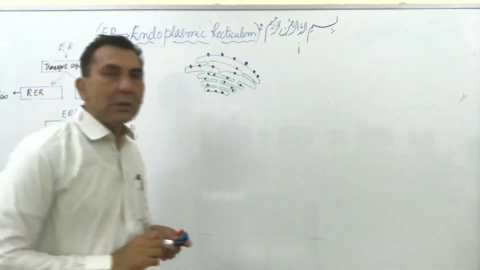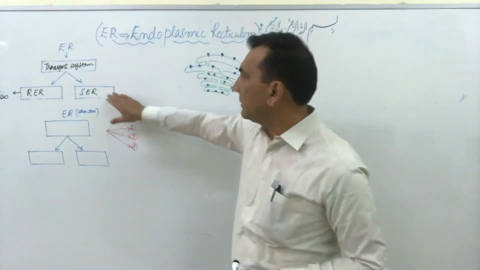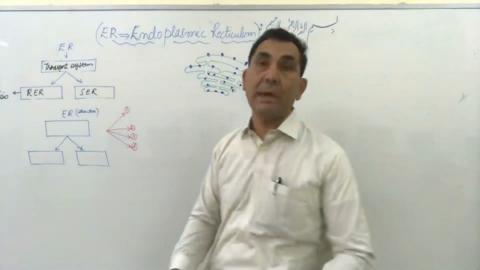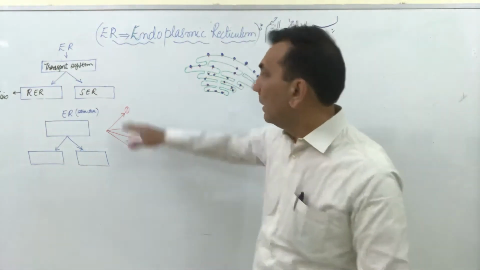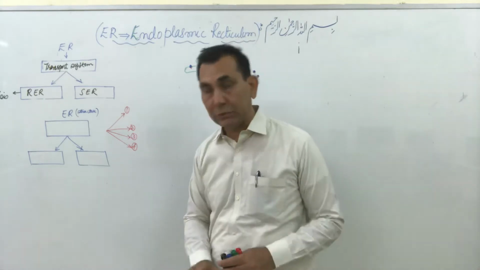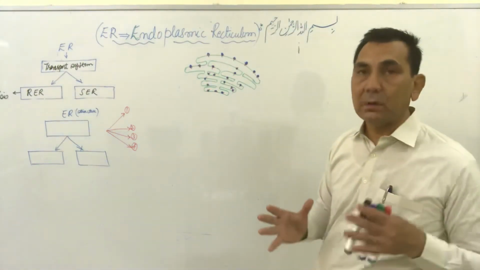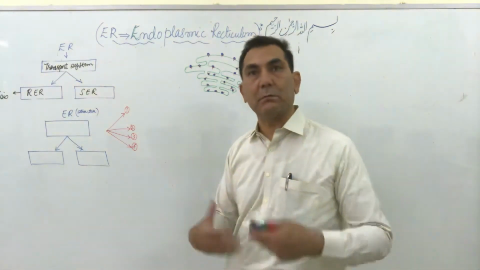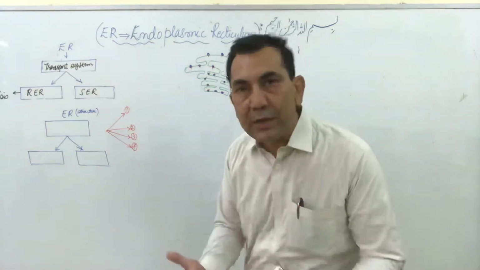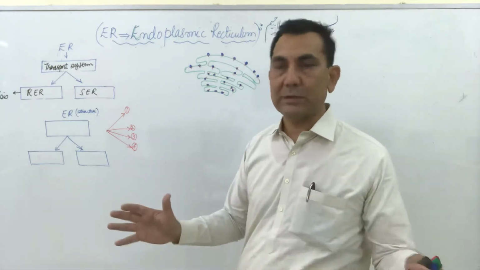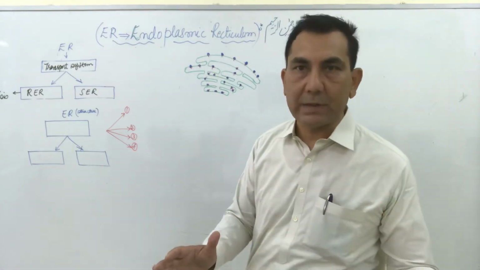Okay. Now the smooth endoplasmic reticulum, the other main subunit of the endoplasmic reticulum, is without the attachment of ribosomes. So the surface of the endoplasmic reticulum remains smooth without the attachment of ribosomes.